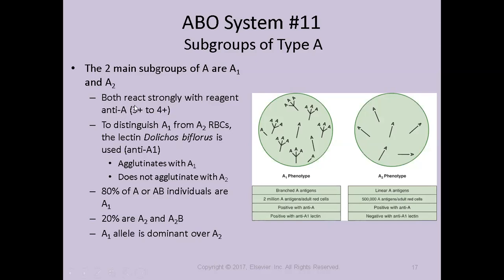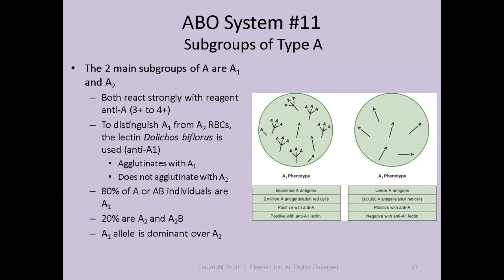So how can we tell when we have a type A individual if they're A1 or A2? You may recall from lecture 2 and 3 when we were talking about blood banking reagents, there is a lectin which comes from a plant, Dolichos biflorus, called anti-A1. This lectin acts like an antibody against the A1 antigen.